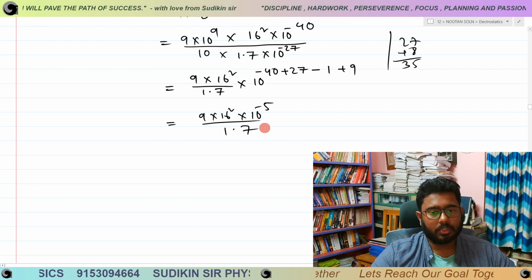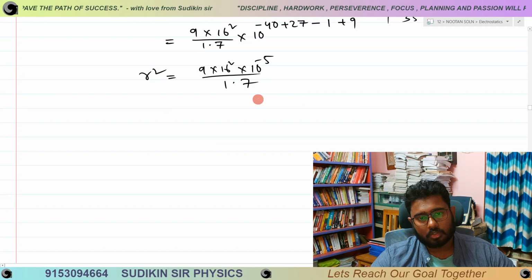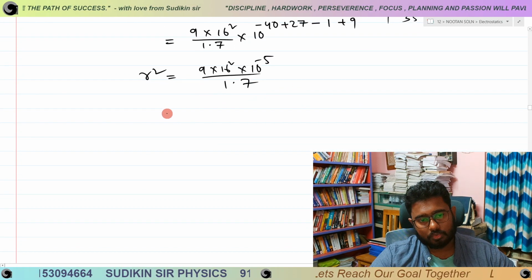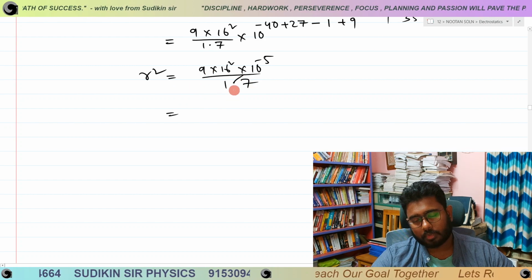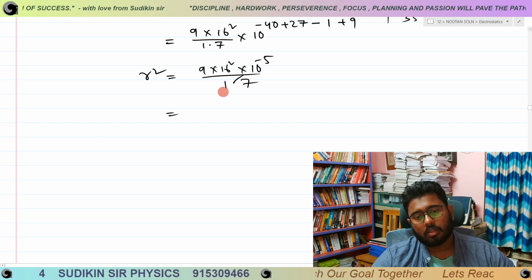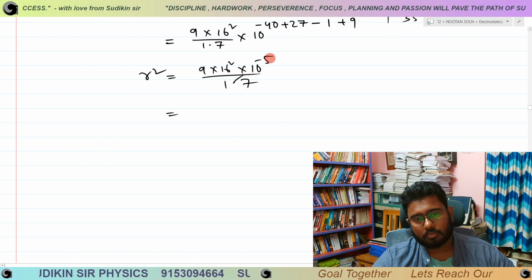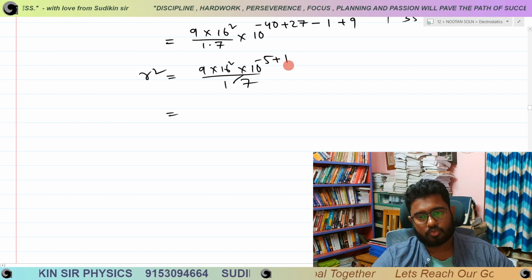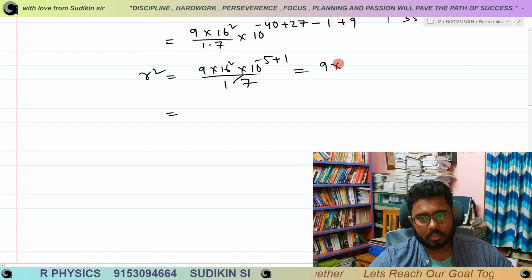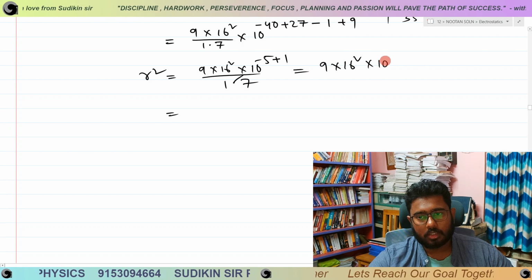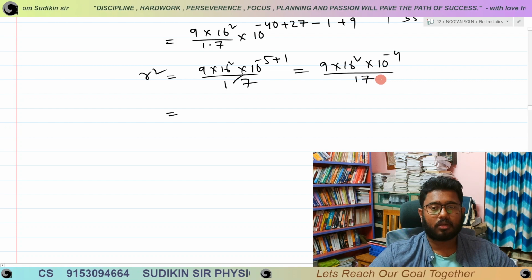So this is going to be r square. What will be r? R will be the root of that. 1.7 is 17 by 10, that means the 10 to the minus 1 goes to the top and becomes plus 1. So this becomes 9 into 1.6 square into 10 to the power minus 4 divided by 17.